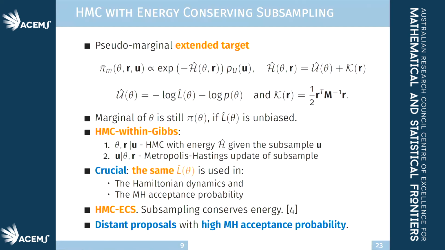It's crucial that the same L hat is used in the Hamiltonian dynamics and the Metropolis Hastings probability. That's why we call it Hamiltonian Monte Carlo with energy conserving subsampling. This way we can get distant proposals for theta quite efficiently.